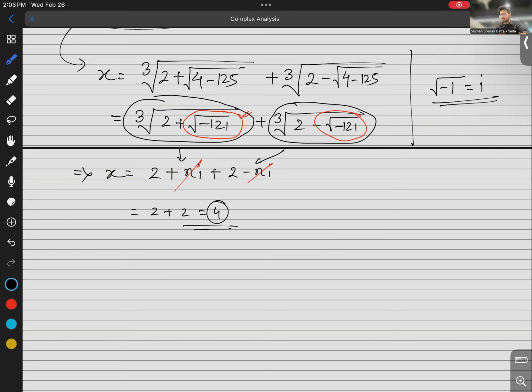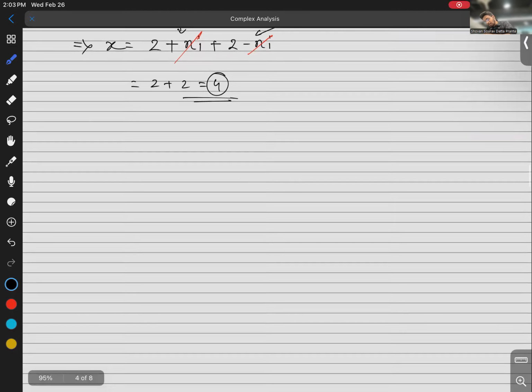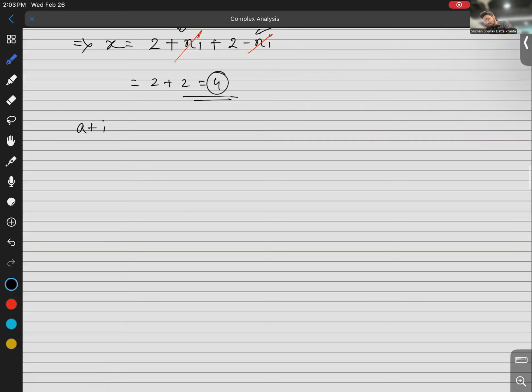This is a bit weird because for that we need the concept of two things. If a complex number is something like this, we are considering the summation of these two complex numbers as a plus c plus i times b plus d.